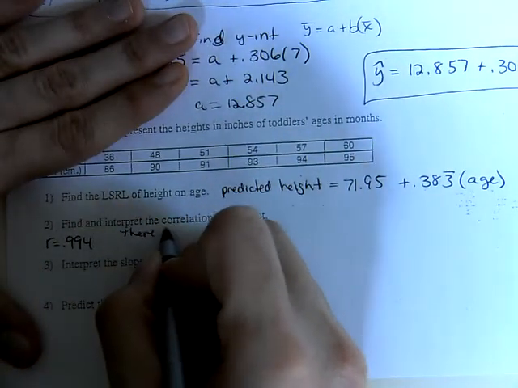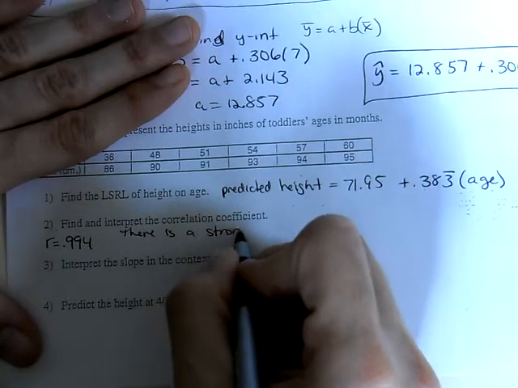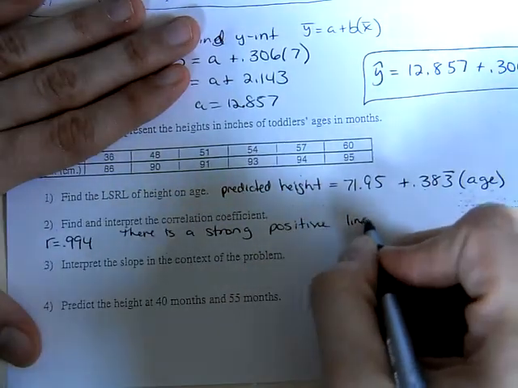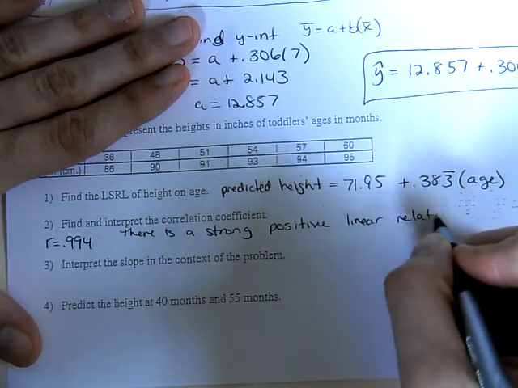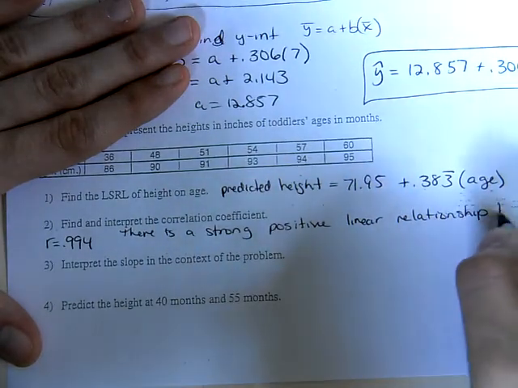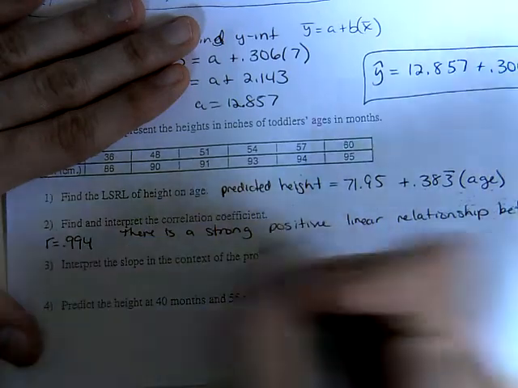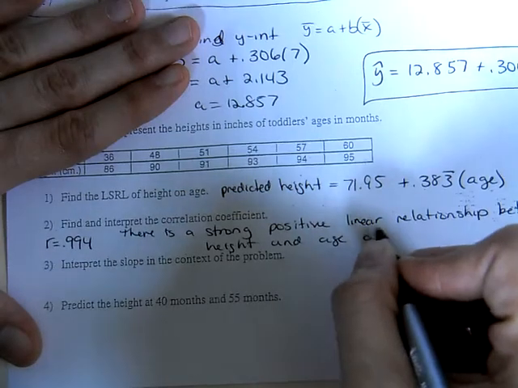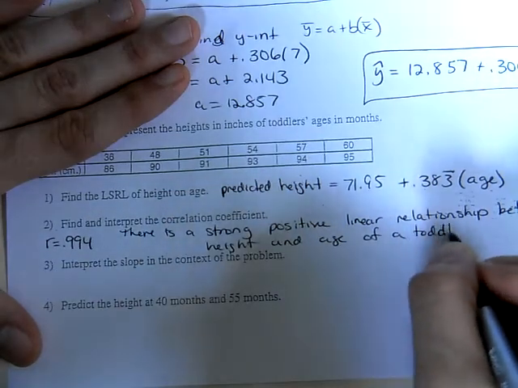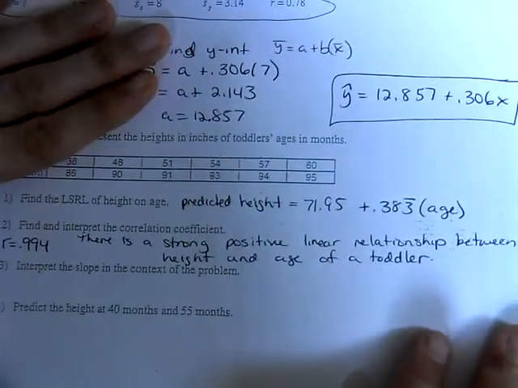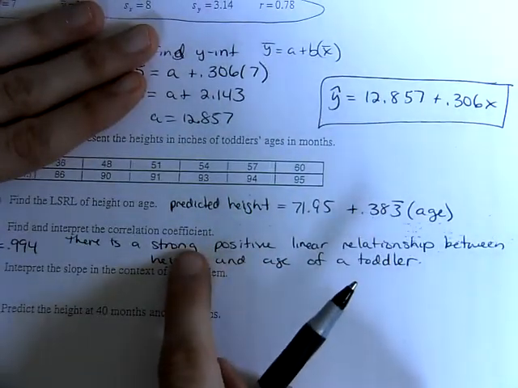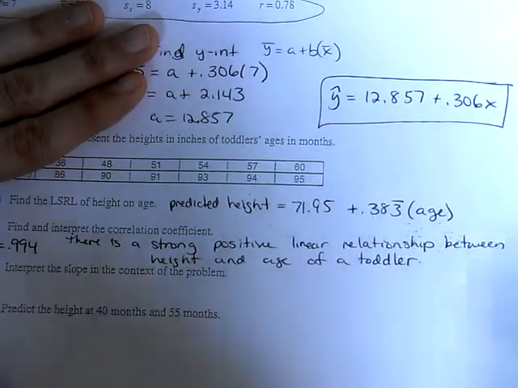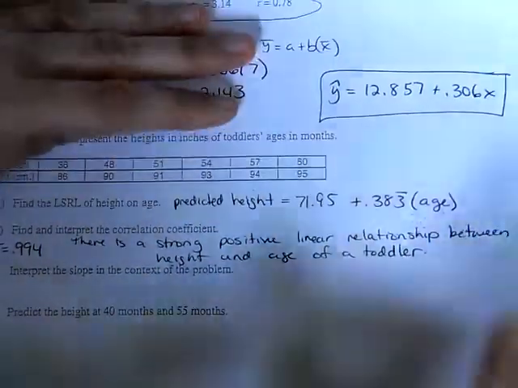So there is a strong positive linear relationship between height and age of a toddler. Okay, so again, strength, direction, linear, context.